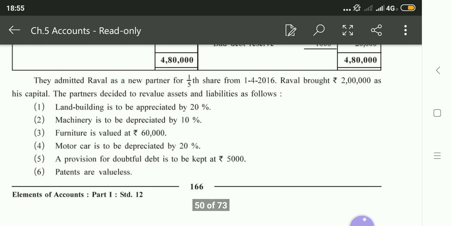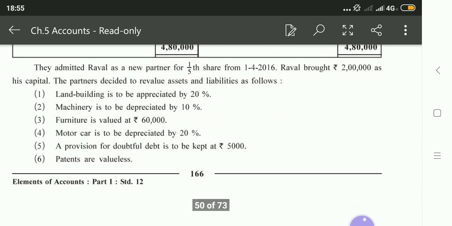These are all really very simple adjustments. We've already learned them in chapter 4 while learning the concept of revaluation account, and we have also solved the sums given in the exercise. So it is nothing, just the repeated part. And another point that you are supposed to remember here is that chapter 6, the very next chapter to this, is completely identical.